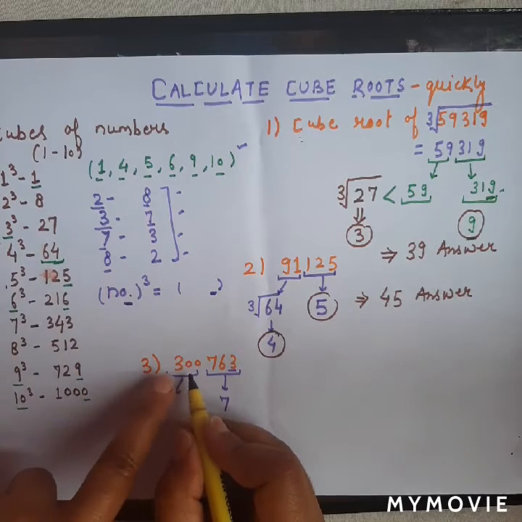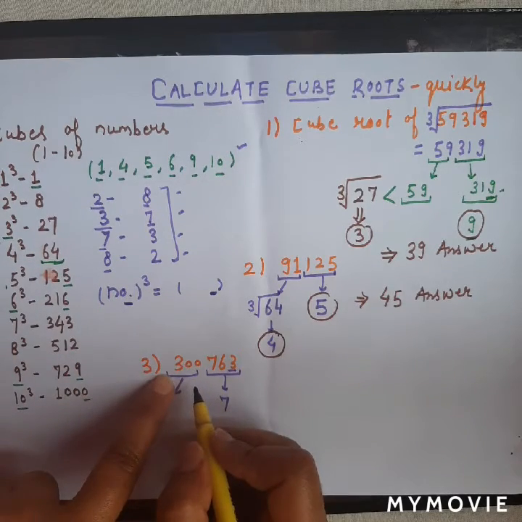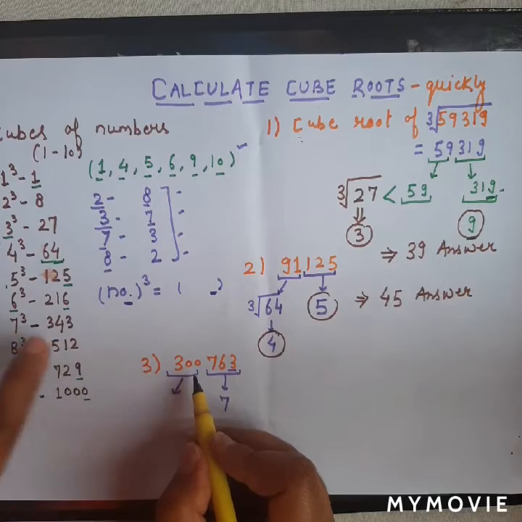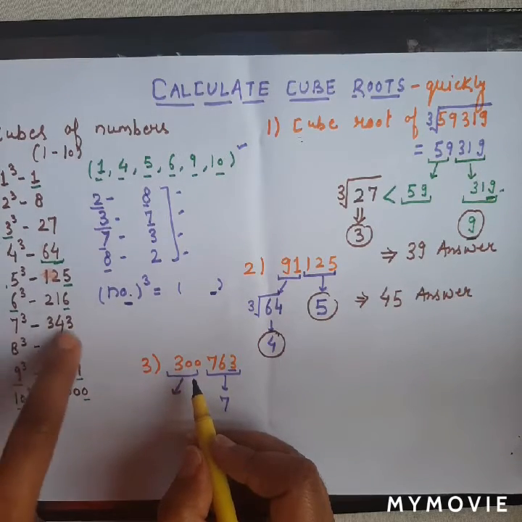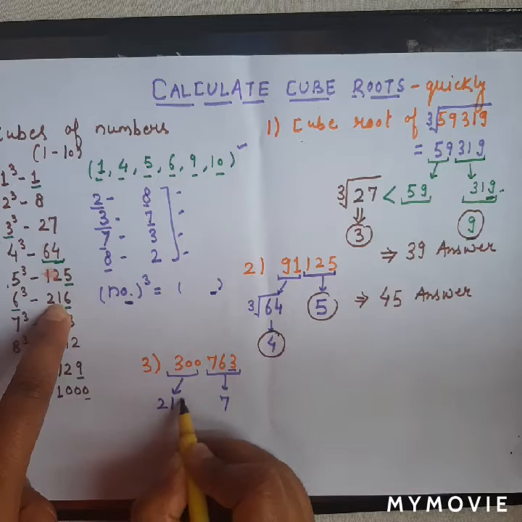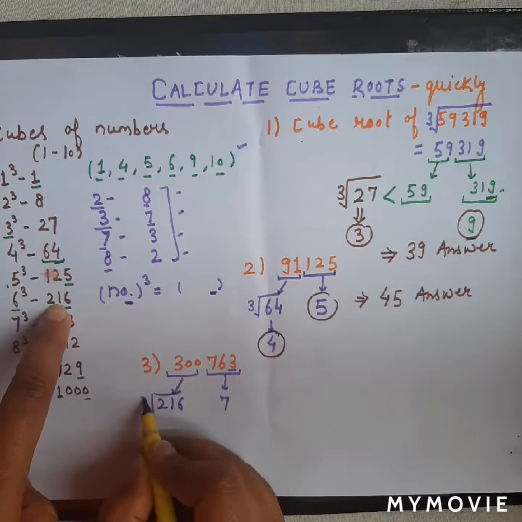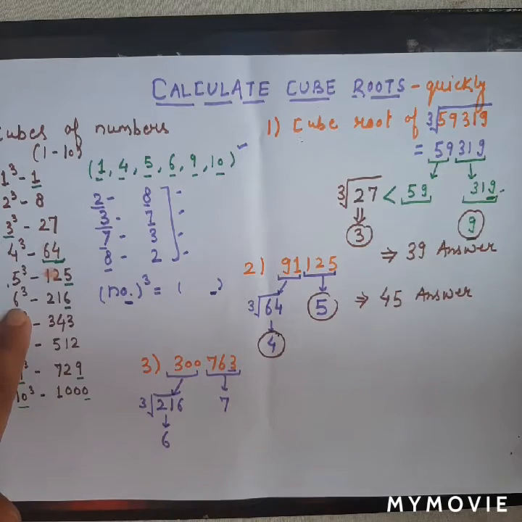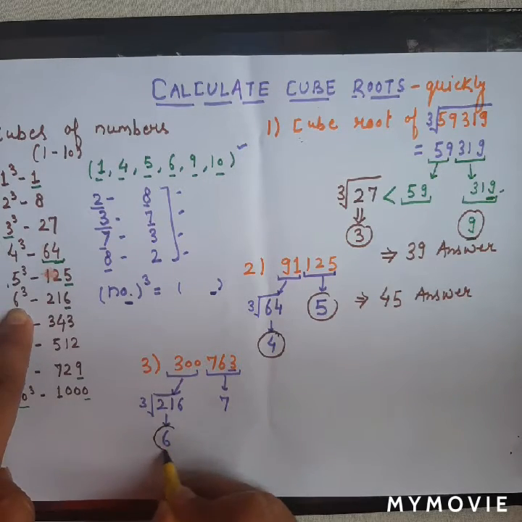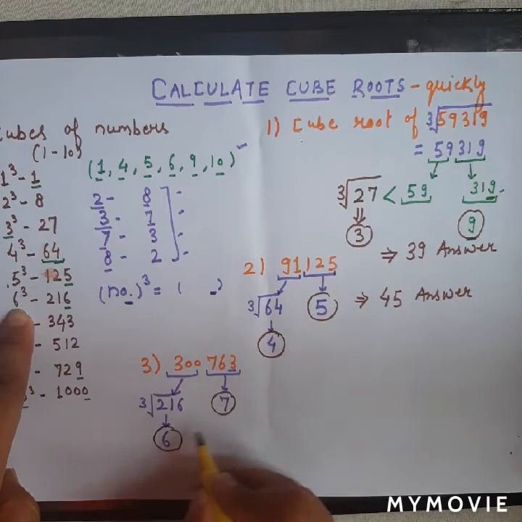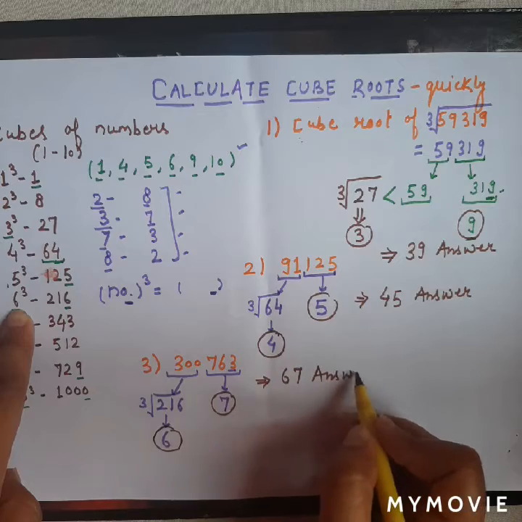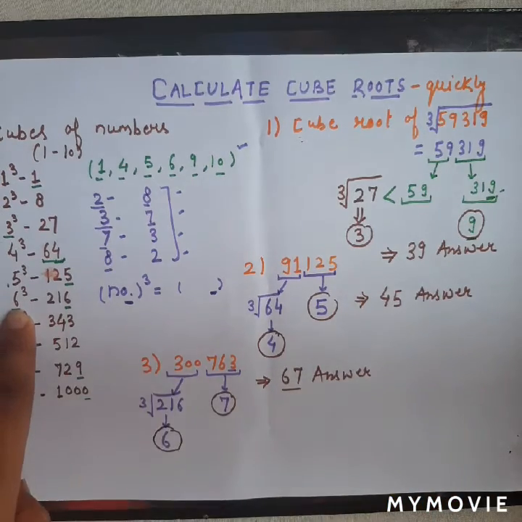And we are having 343, and we will find the cube of a number whose value is less than or equal to 343, and the cube root of 343 is 7. Okay, so our answer will be 6 and 7, right? 6 and 7 combined, this is the cube root of this number.